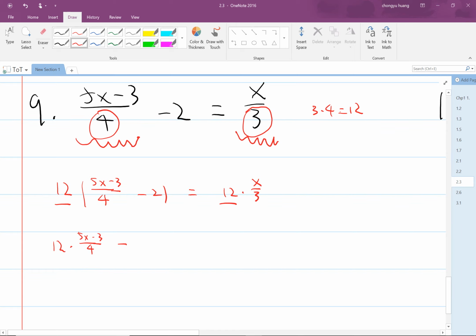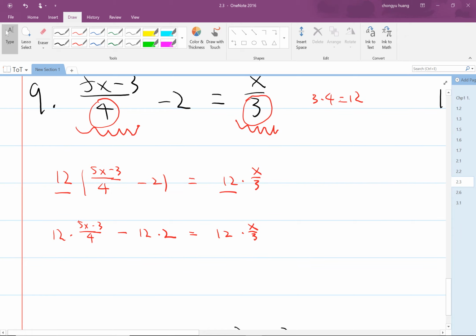So you multiply 12 to both sides, so it becomes 12 multiplied by (5x minus 3) over 4, and then minus 12 multiplied by 2, right? And then we still have 12 multiplied by 3x over 3... sorry, 12 multiplied by x over 3, right?